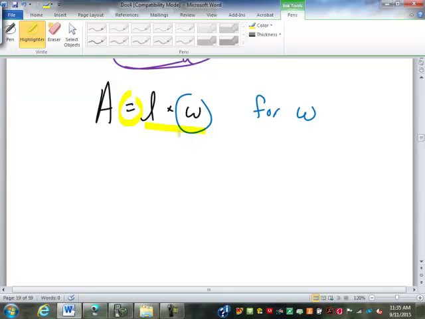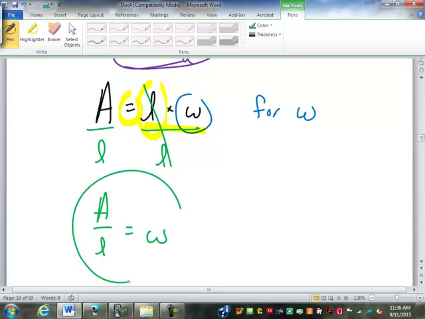The w is over here, and we ask ourselves, what's keeping w from being by itself? In this case, it's the L. The L is multiplied, so to get rid of it, we are going to divide. So we divide by L to make it go away. A divided by L is just A over L. So A over L equals w, or w equals A over L.